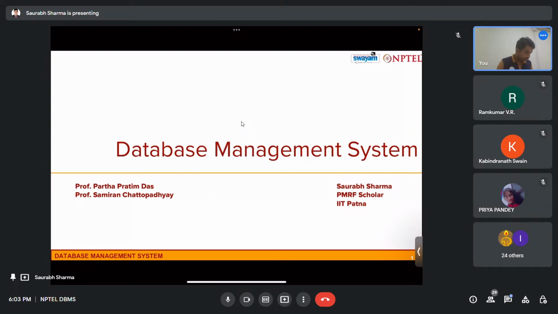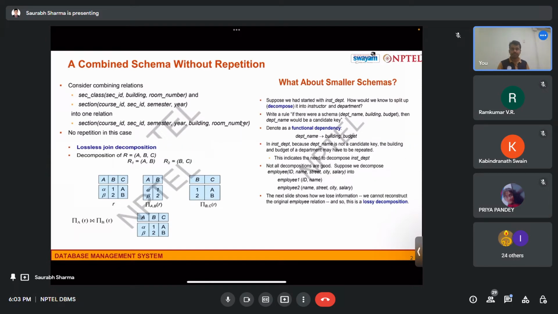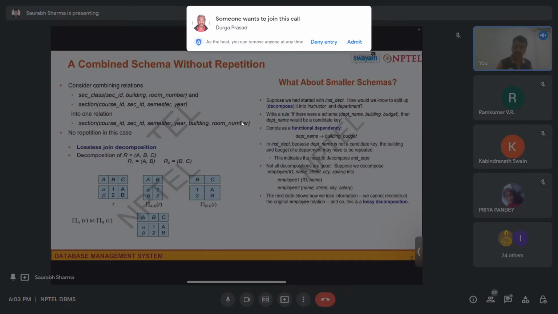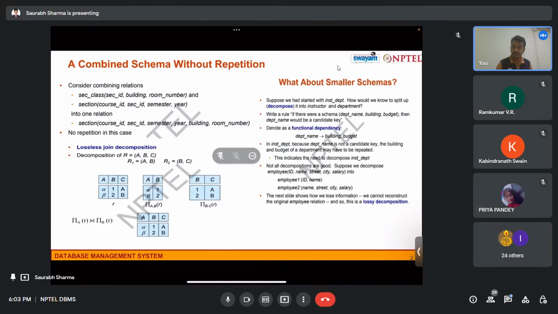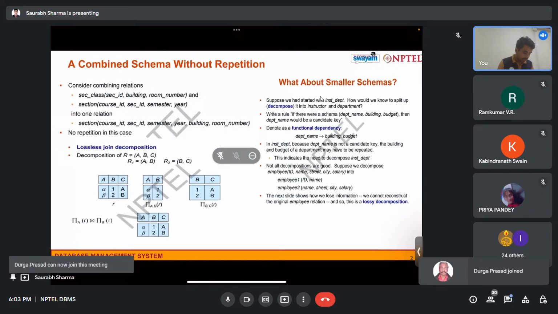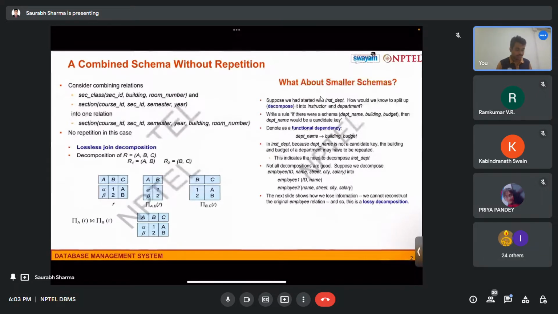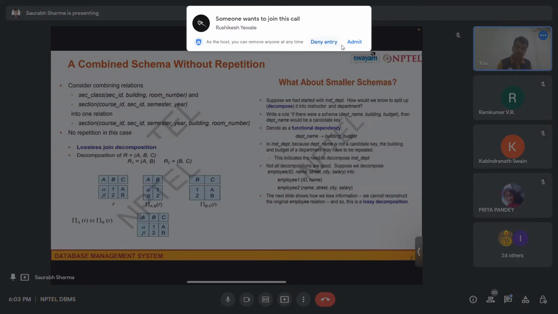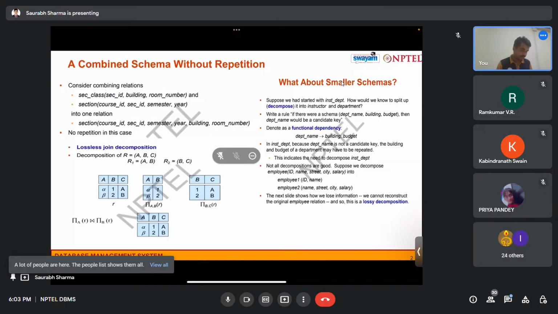So, the first thing told in the lectures was the combined schema without repetition. It was discussed that there are some relations for which you can combine two relations into one relation, and there is a possibility that there is no repetition in this case.